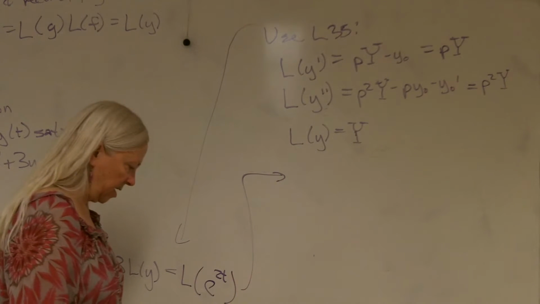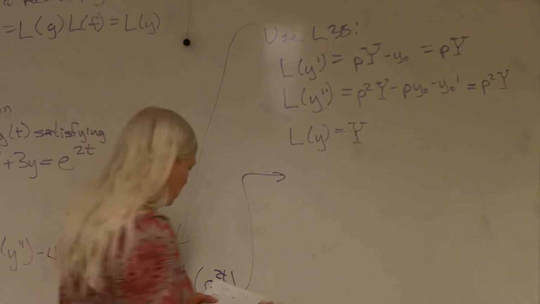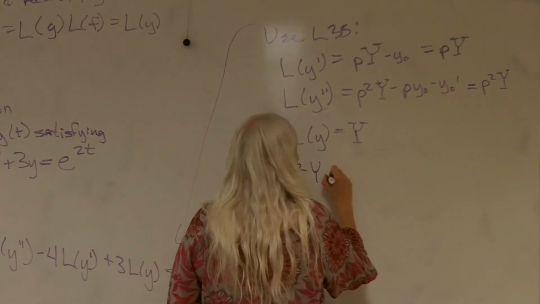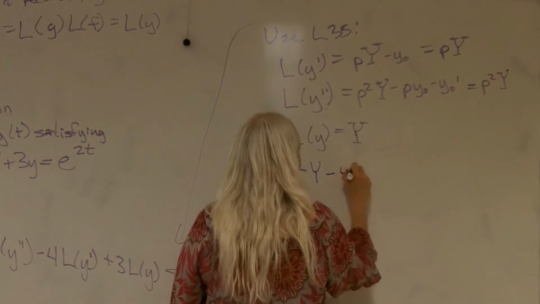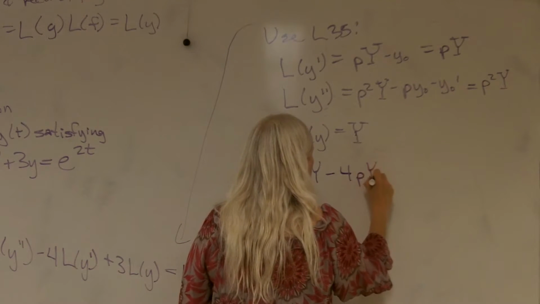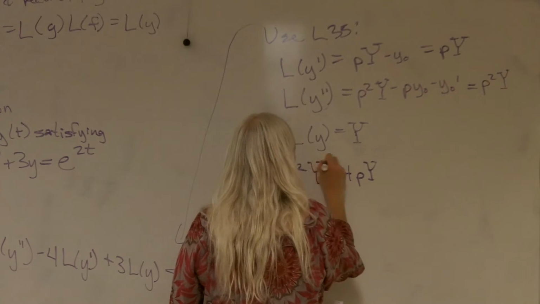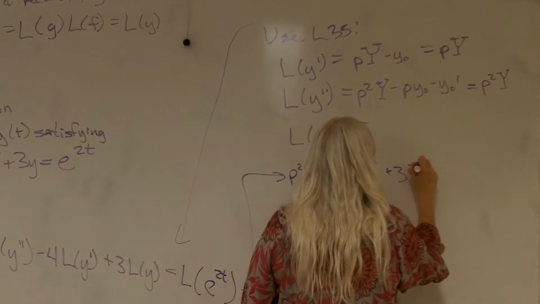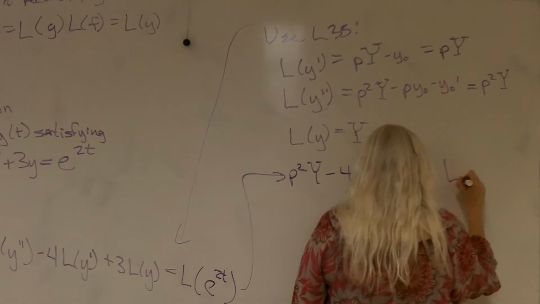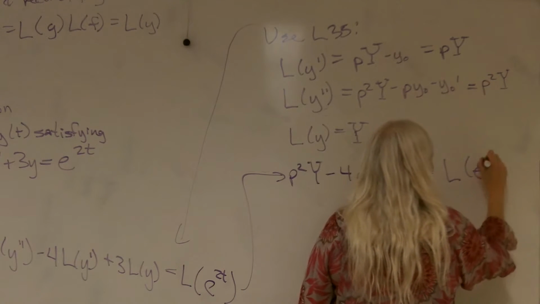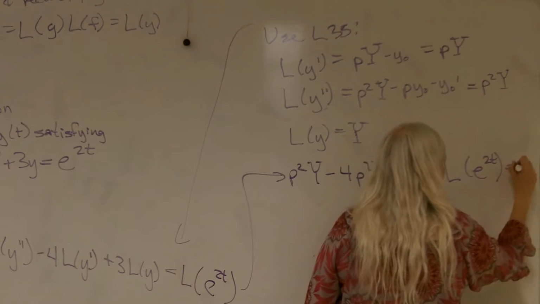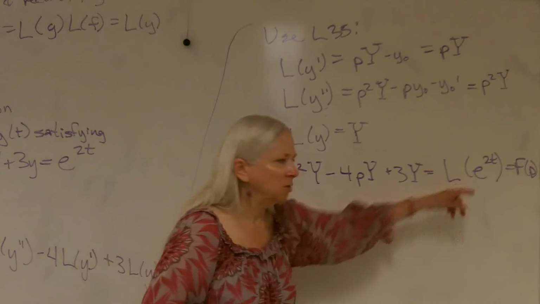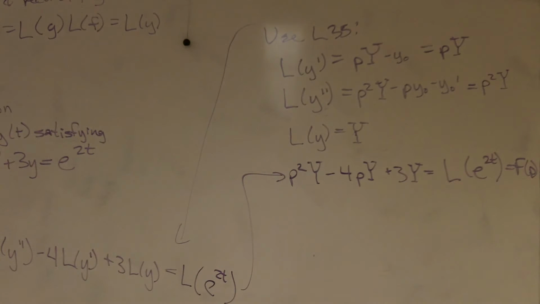So that is then going to give us p squared times capital Y minus 4p times capital Y plus 3 times capital Y, and that's equal to the Laplace transform of e to the 2t. That's our capital F of p. Okay? Because again, e to the 2t was our little f of t.